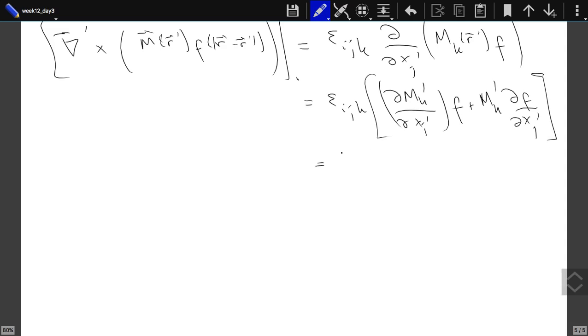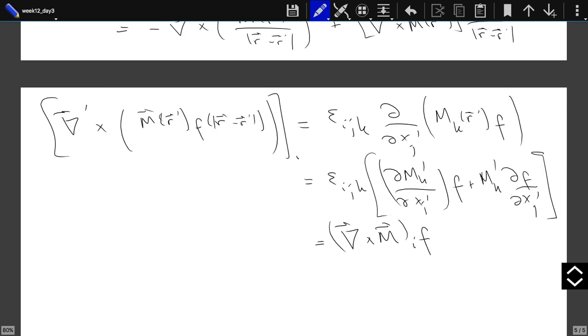This is equal to the curl of m, the I component, multiplied by f, epsilon ijk times this derivative, which just gives me the curl of m, the I component of m, plus epsilon I, or minus epsilon I kj mk prime del f over del xj prime.